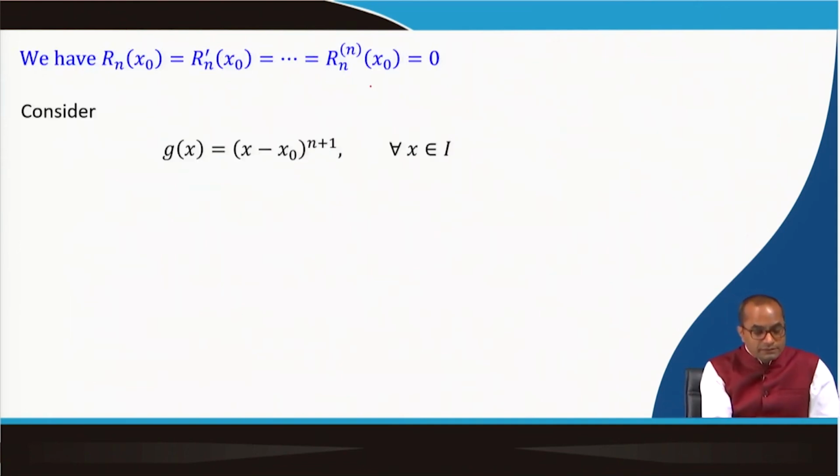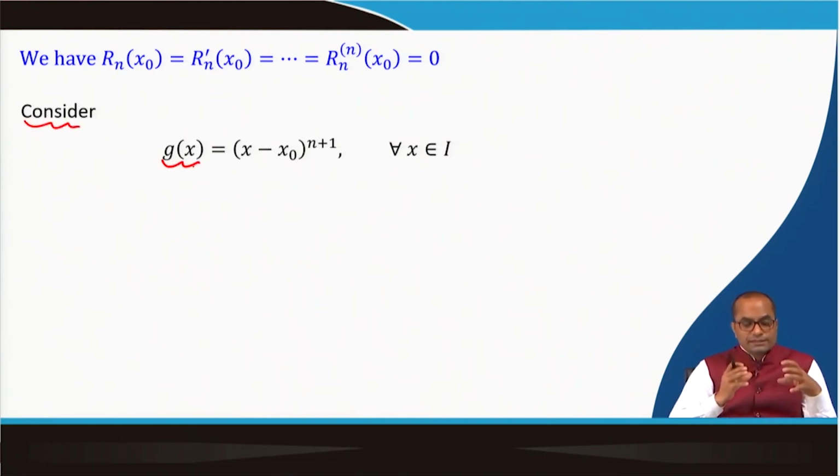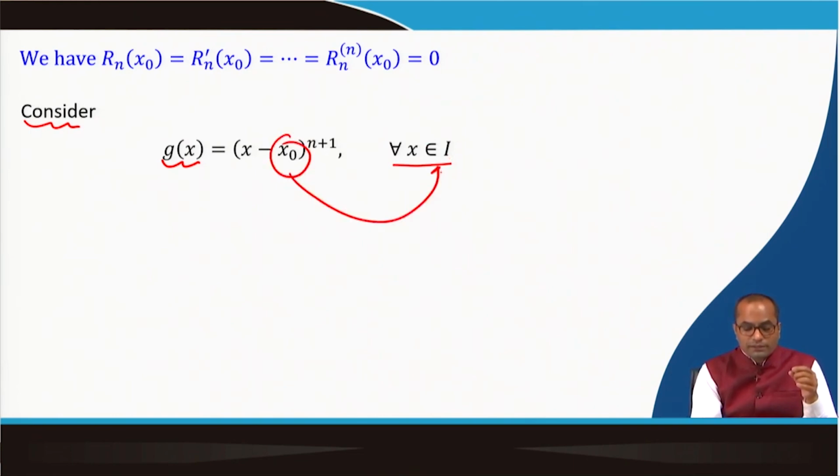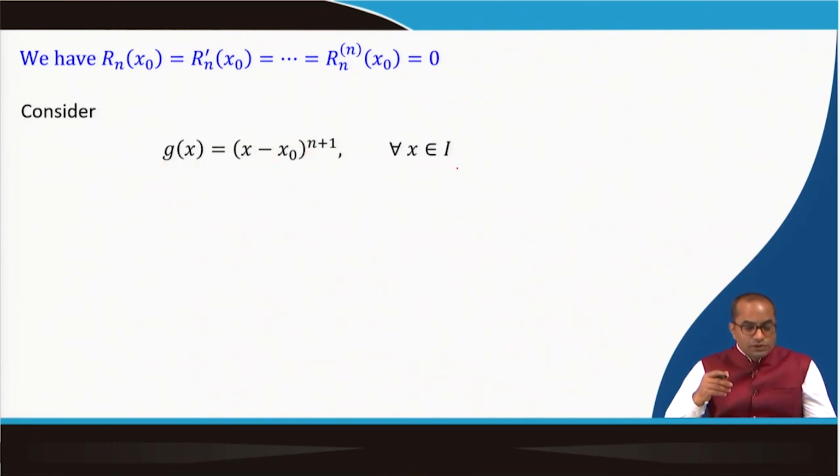So having this, we also consider one more function g(x), which is (x minus x naught) power n plus 1, for all x in I. So I is the interval which contains this point x naught. This is a polynomial, an n plus 1th degree polynomial.